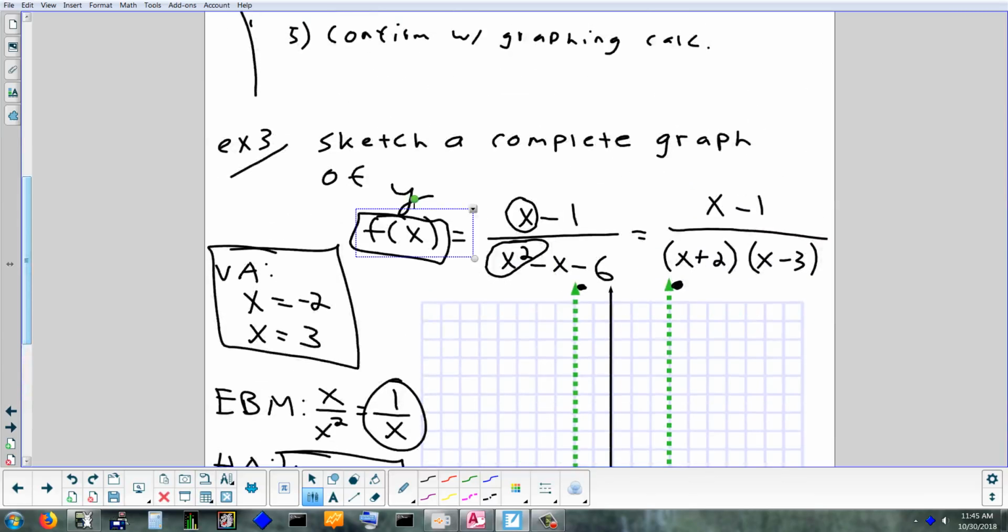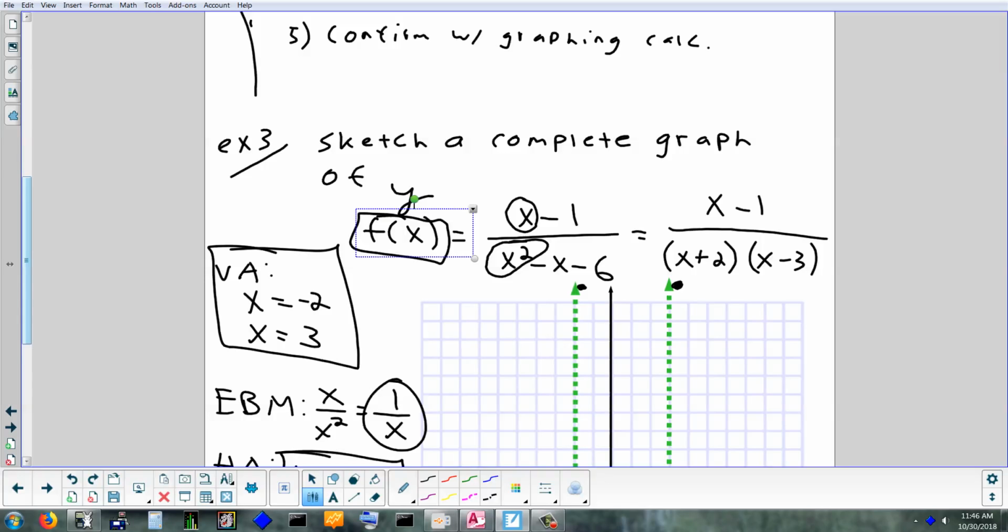What's the only way that a fraction can equal 0? Think about when you do division, how do you get an answer of 0? Yeah. When 0 is divided by something. So when 0 is in the top.